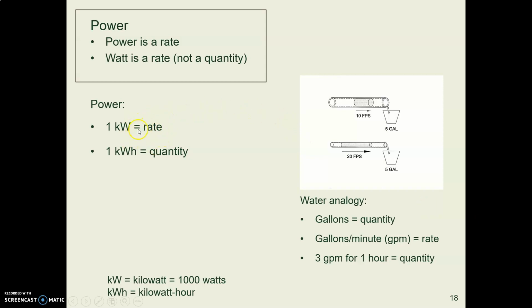So when you say watts, or when you say kilowatts, which is 1,000 watts, you are talking about the rate at which that power is produced. If you want to talk about how much power, or how much was produced, or how much did you use in your house, you say kilowatt hours or watt hours. That's the quantity. There you go.